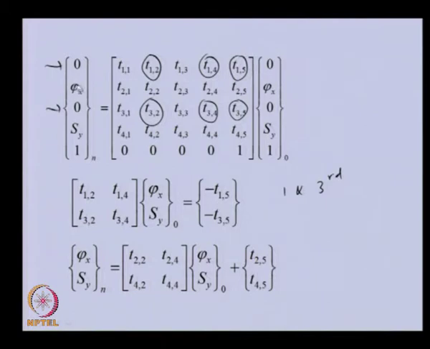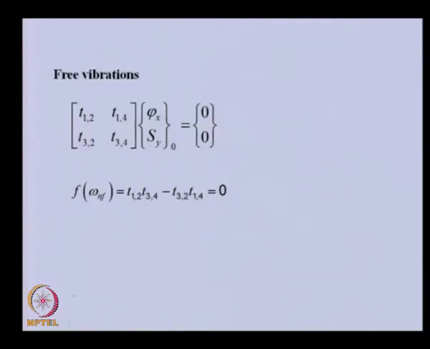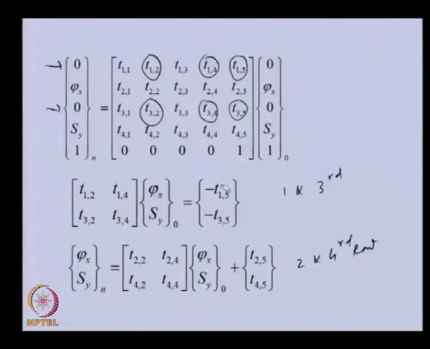Similarly, if I take out the second and fourth rows, I will get this equation. Here also the unbalanced terms are coming. Now, if we are dealing with free vibration, then from this equation, as I told, these terms come from the unbalanced component, so they will be 0.